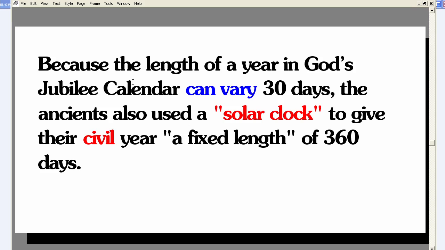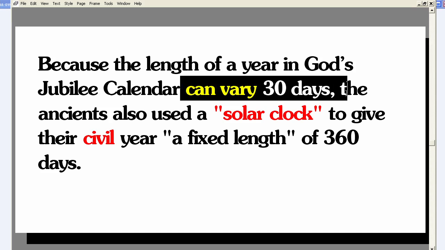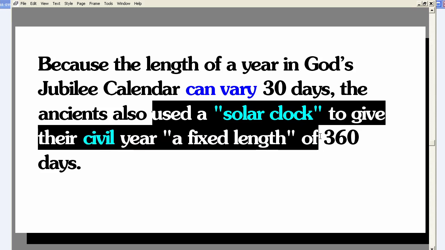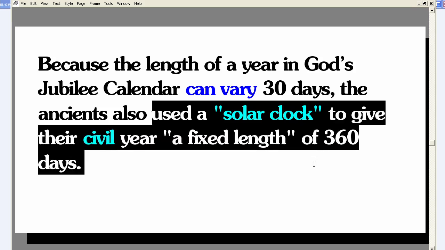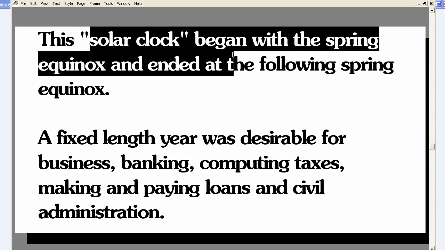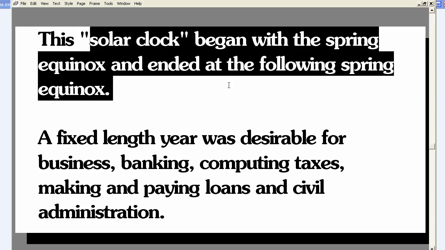Because the length of a year in God's Jubilee calendar can vary 30 days, the ancients also used a solar clock to give their civil year a fixed length of 360 days. This solar clock began with the spring equinox and ended at the following spring equinox.